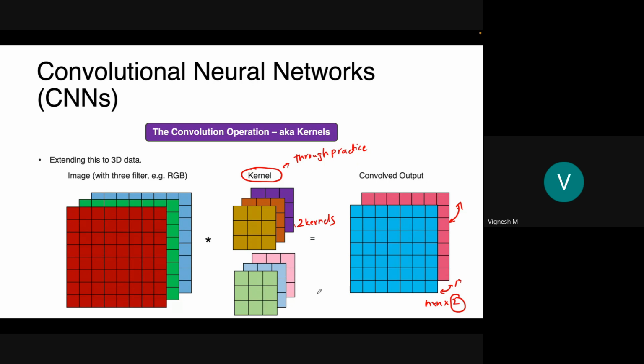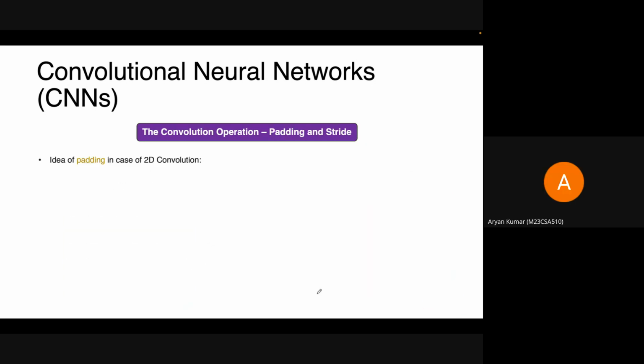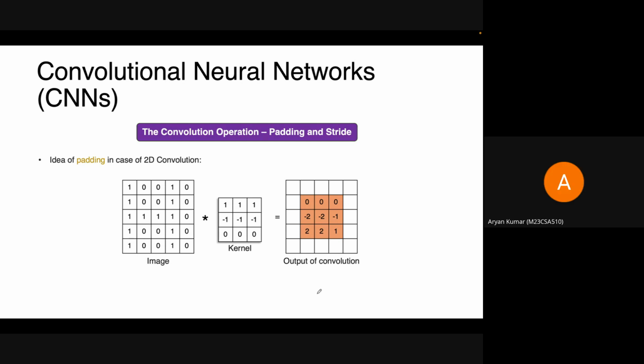Any other questions from any other part, not just CNNs? Sir, I had a very small question regarding the calculation that we are doing in the previous slide. In the kernel size, I was wondering how did we get two up there?